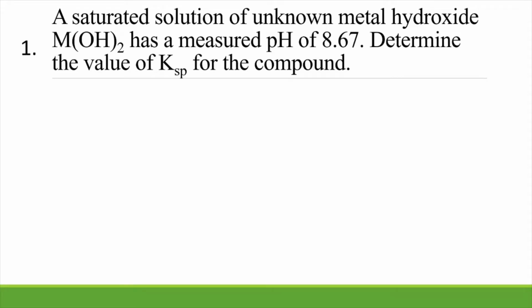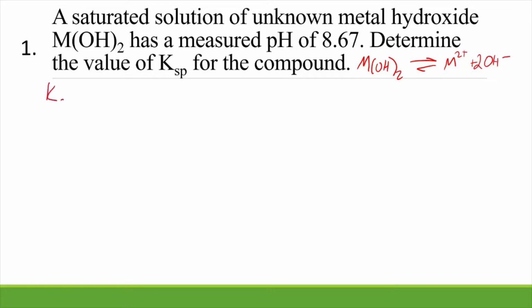Number 1, we're told we have a saturated solution of an unknown metal hydroxide with a measured pH of 8.67, and we want to find the value of KSP for this compound. So KSP, that's solubility product, so we can assume that this reaction is this metal hydroxide dissociating to M2+ and 2OH-.